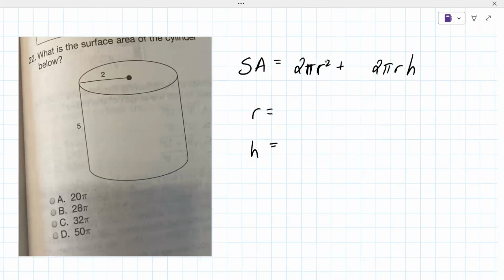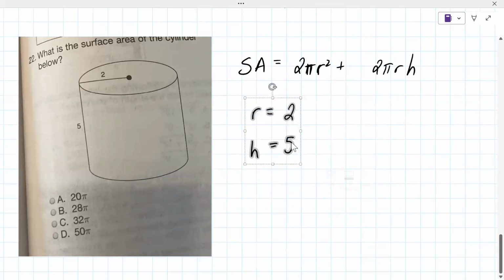Oh, okay. So what do I find for r would be 2, and 5 would be the height. Okay. So we talked about this. This is kind of a factoring thing.